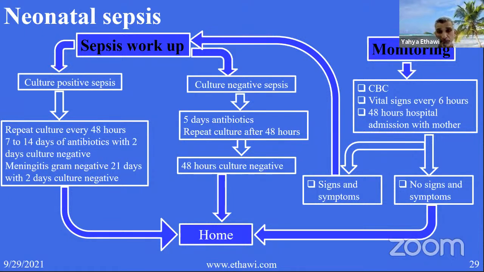Yes, mom, tell me. In the diagram, in the sepsis workup, if blood culture negative sepsis, 5 days antibiotic, repeated culture after 48 hours. Yeah, because it's symptomatic and you're continuing antibiotics. What is the meaning of culture negative sepsis?